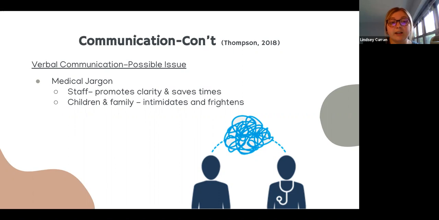But medical jargon to children and families can come across as intimidating and frightening. So as CCLSs, it is important to become a translator between medical staff and those children and their families, as a way to help eliminate those fears and provide some clarification with those medical terms and acronyms.